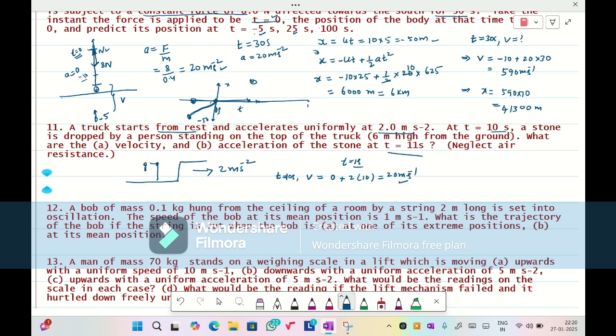Therefore, the stone also will get 20 meters second inverse in the opposite direction horizontally, and vertically 0. No doubt at all. Vertical direction 0 speed, but in horizontal direction 20 meters second inverse.